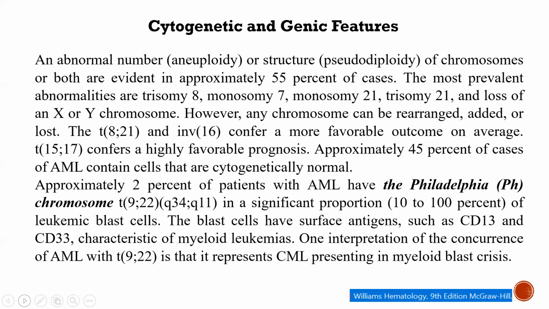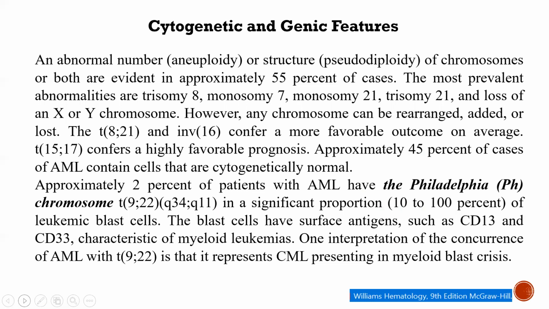However, any chromosome can be rearranged, added, or lost. The trisomy 8 to 21 and inversion of 16 confer a more favorable outcome on average. Trisomy 15 to 17 confers a highly favorable prognosis. Approximately 45% of cases contain cells that are cytogenetically normal.